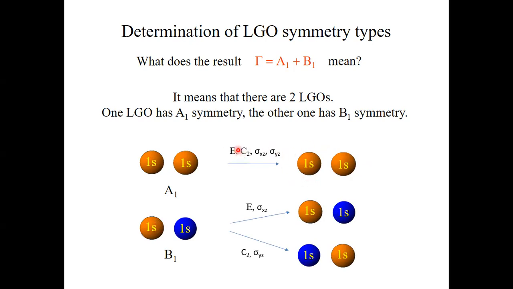When we apply all the 4 symmetry operations, the resulting orbital is the same as the original one. Here, this is only the case when we apply the identity and sigma xz. If we apply C2 and sigma yz, then the sign of the orbital is swapped. All right.